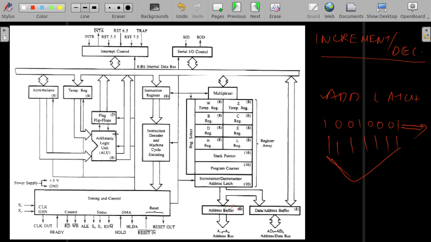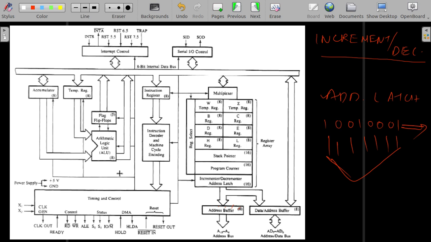My personal suggestion is that you start from the ALU region, establish the bus, then go for either the registers or the instruction register part. Then from there build. Let's start small and keep on building. So that is regarding the internal architecture and the internal components of the 8085 processor.